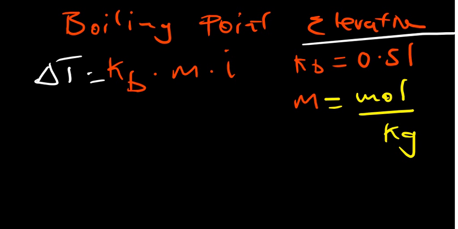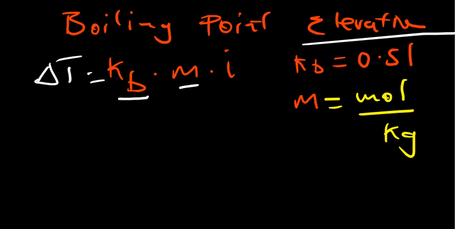It is only dependent on the boiling point elevation constant of the solvent you're talking about, and the molality, which is one way of expressing your concentration. So it is only the concentration that is affecting the boiling point elevation.